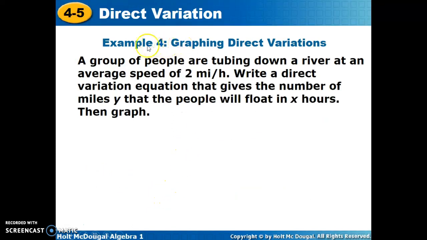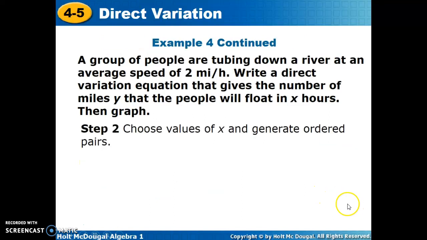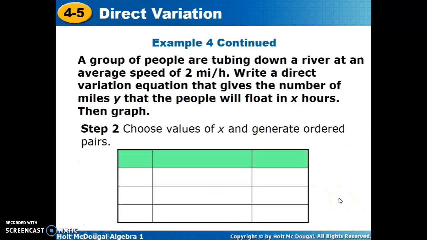To graph direct variations, we need to understand one thing. This function always goes through the origin. We're going to come up with our equation. Distance is y, miles per hour is our constant of variation, and x is our variable. We're going to generate a table.